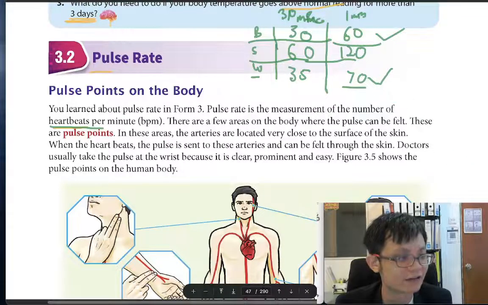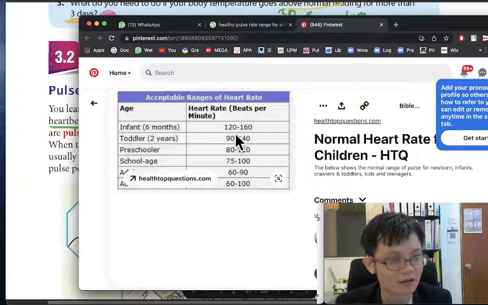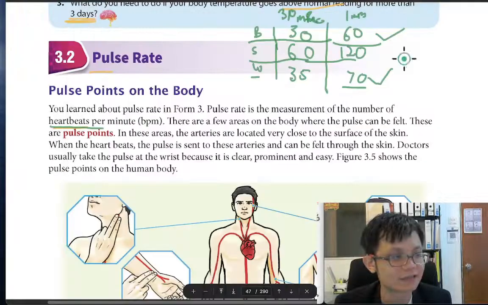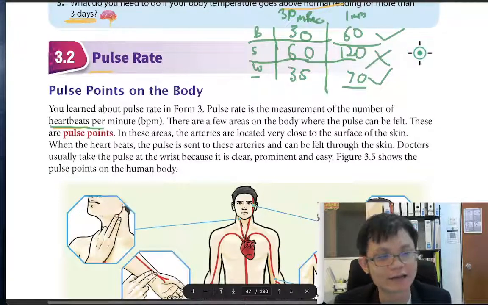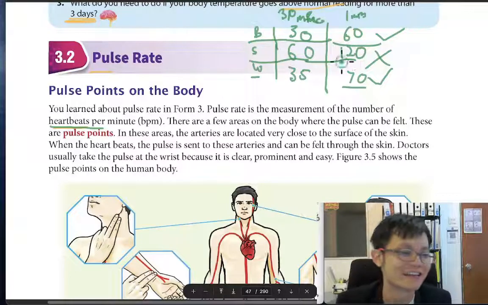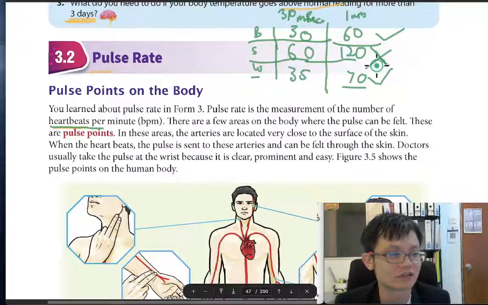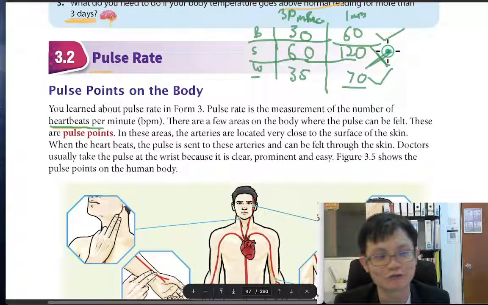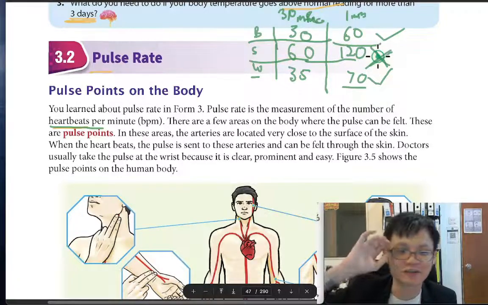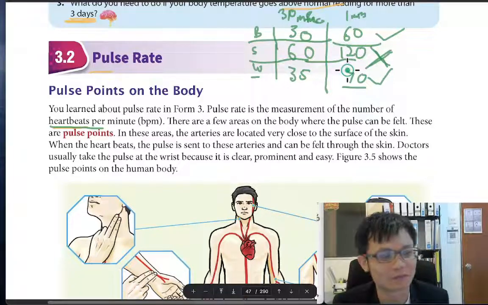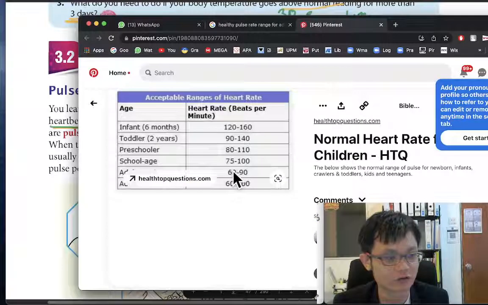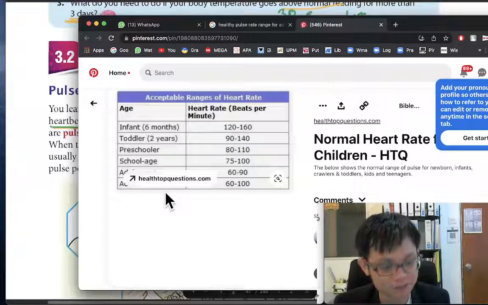And if you get 120, it's very unhealthy. But this one is because I think she counted wrong. I don't think it will become 120, because if you count 120 I will ask you to go to the clinic and hospital to check your body, because too high means very dangerous, too low is also very dangerous.